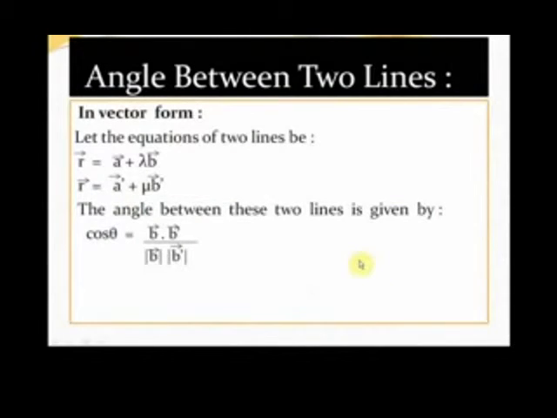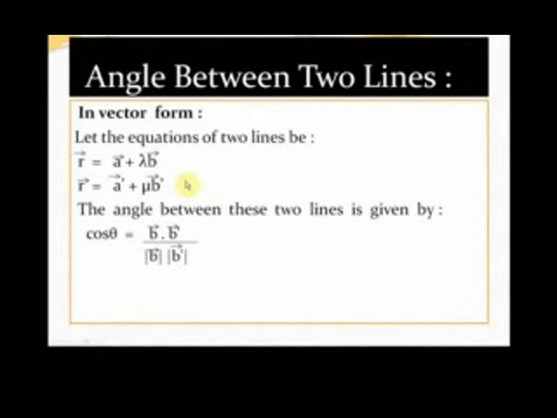Now let's try to find out the angle between any two lines. So in the vector form, let us say that the equations of two lines are vector R equal to vector A plus lambda times vector B, and another equation is vector R equal to vector A dash plus mu times vector B dash. So these are the two equations of two different lines, and we have to find the angle between these two lines.